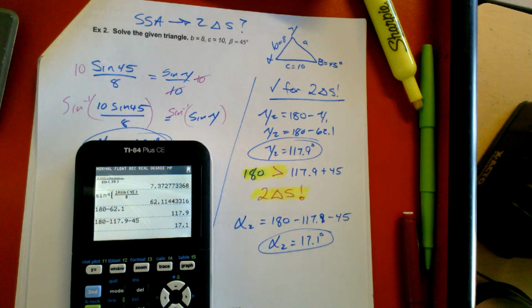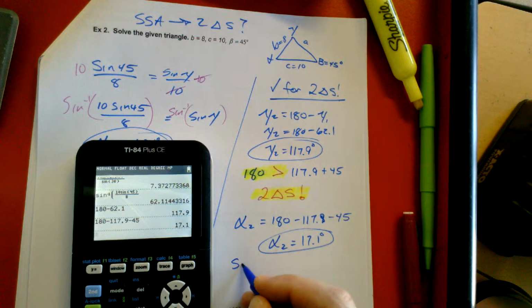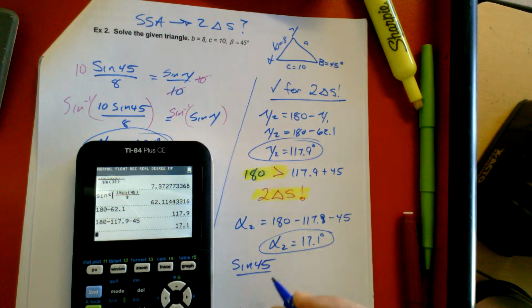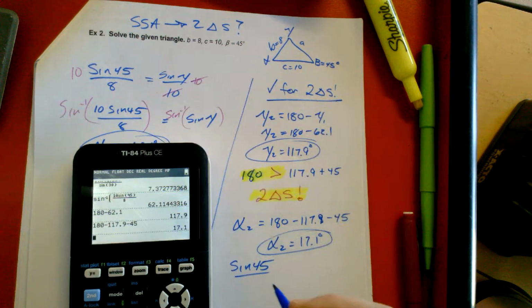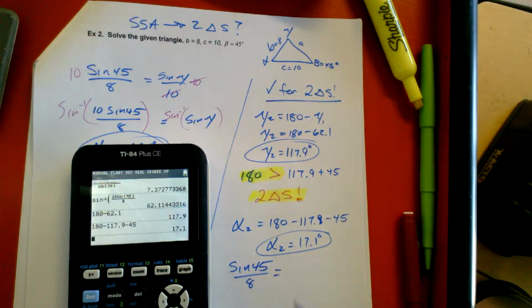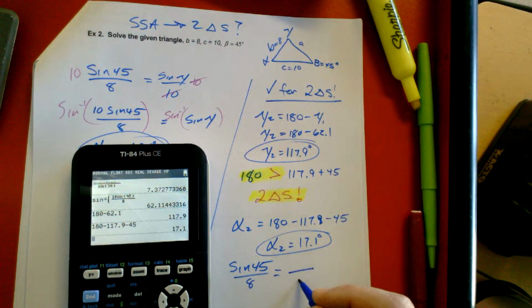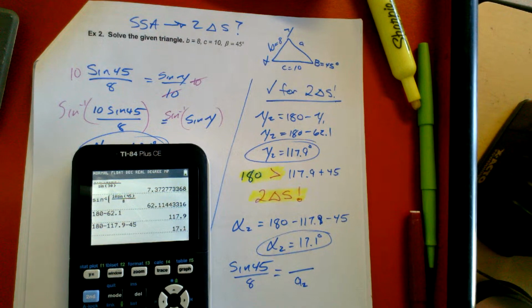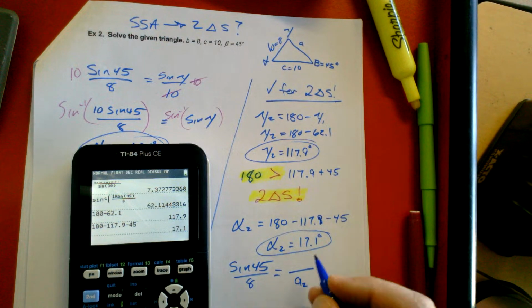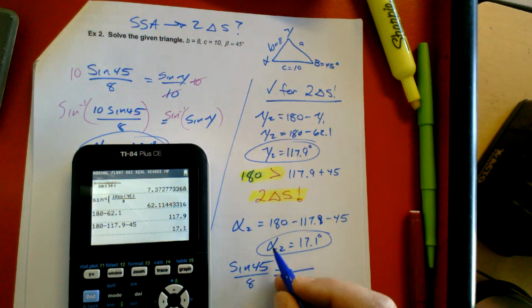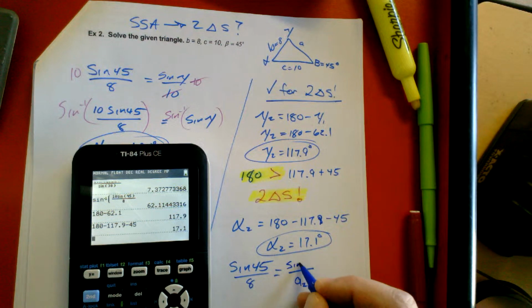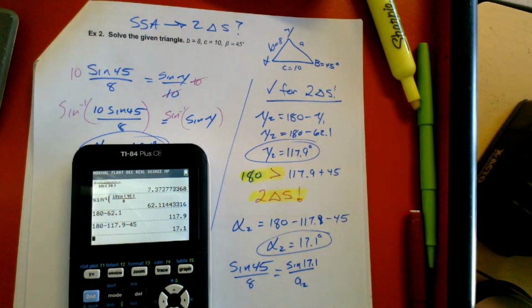And then last but not least, we've got to find that side that's across from that angle. So that's where we go back and we use our law of sines. I always go back with the first one I had, the sine of 45 over 8. We've got to find little a sub 2, and across from little a sub 2 is alpha sub 2. So I've got the sine of 17.1.